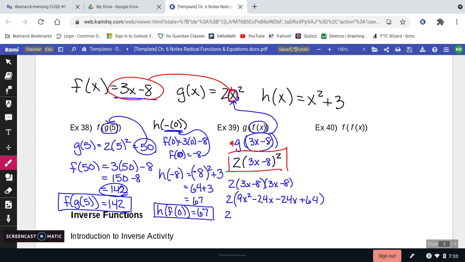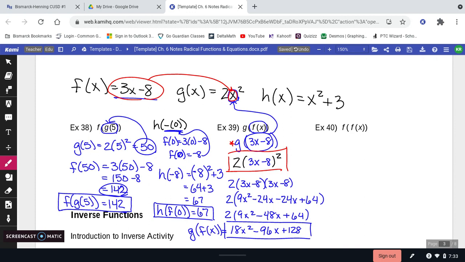Okay, I have some like terms I can put together. And then I'm going to distribute my 2. Okay, and there's your final statement. So that is g of f of x.